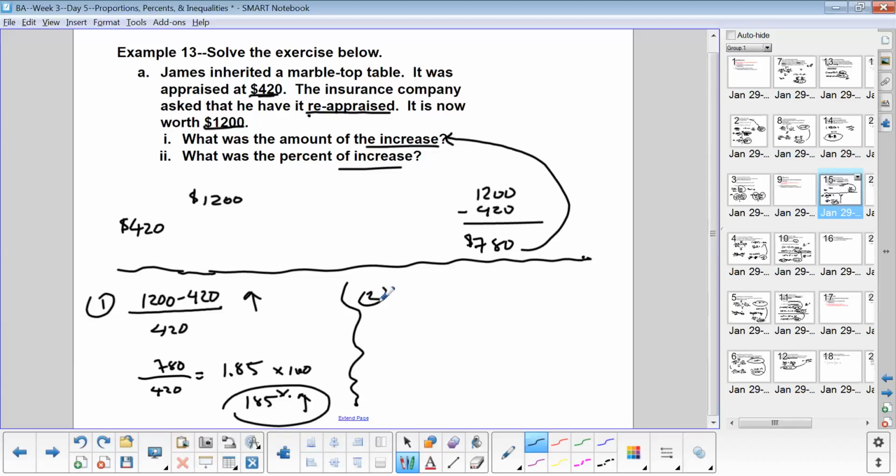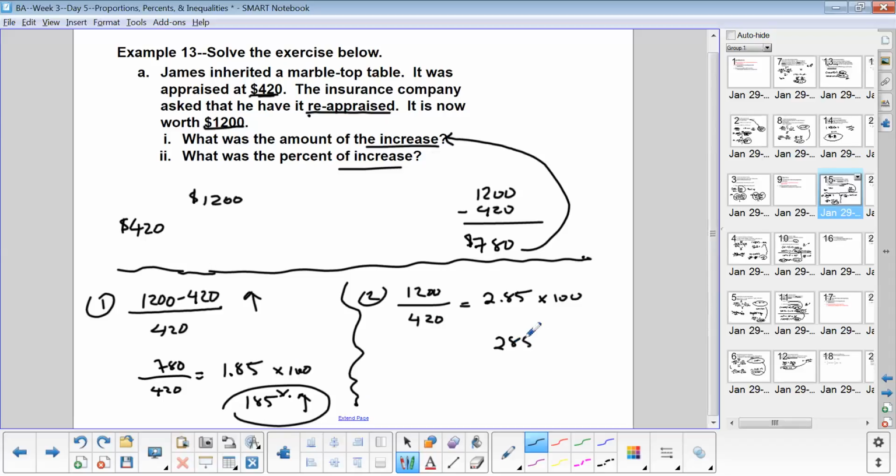Method two, you could take your new price, which was $1,200, and divide it by your old price or your original price, which was $420. When you take that quotient, you're going to get 2 85 hundredths. Well, that's a decimal amount, and I want to change it to a percentage, so I'm going to multiply it by 100.